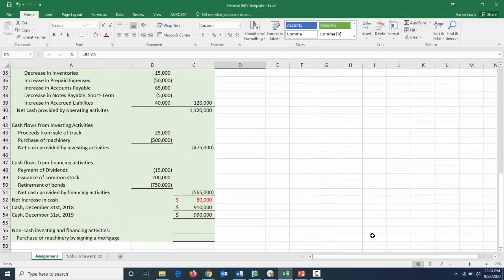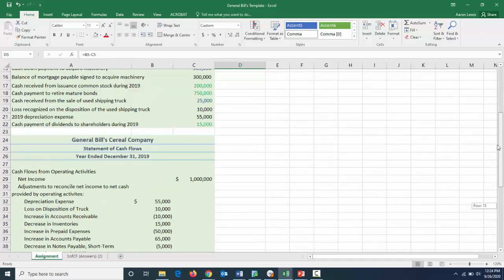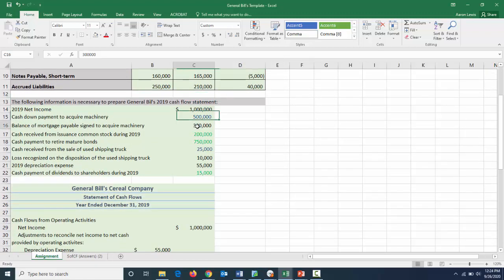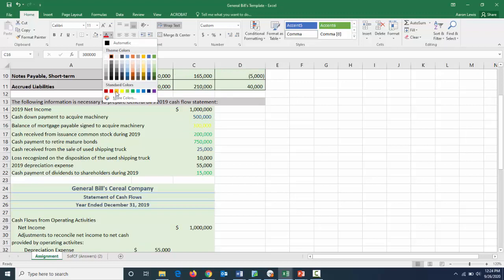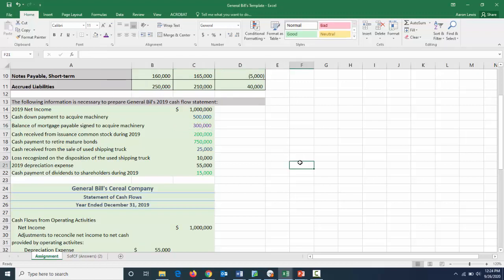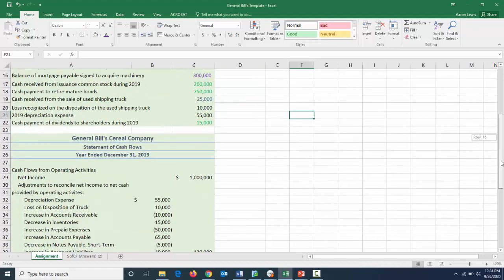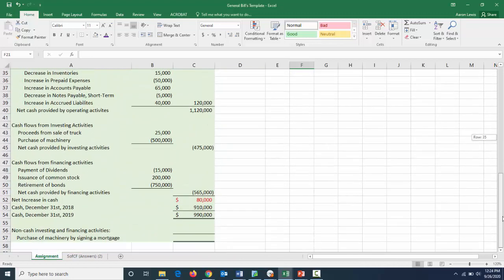We're not done yet though, because we have to deal with any non-cash items that we had, and we had one. It was here. We signed a mortgage to acquire machinery. Well, when we did so, no cash was involved. We got the stuff at the time and we signed debt for it. We still have to disclose to people, because they're going to look at it and say your equipment account changed by an amount greater than the purchase price in cash on here.